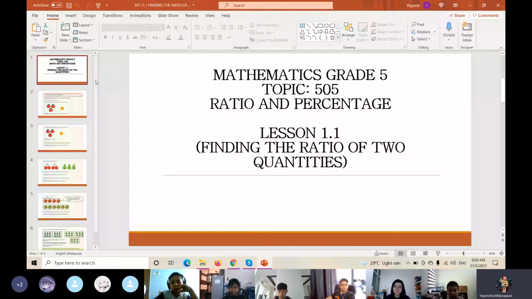So I'm going to cover lesson 1.1 again, and then we will continue with 3 more lessons which go deeper into this topic: ratio word problems, percentage, and percentage word problems.